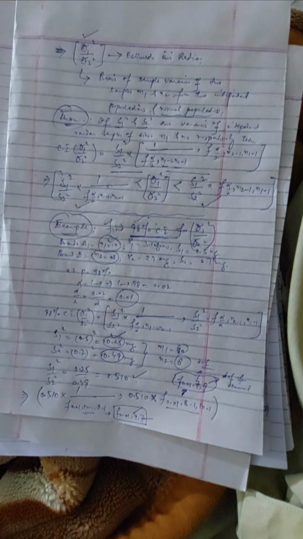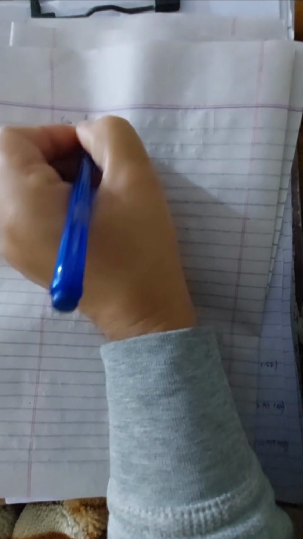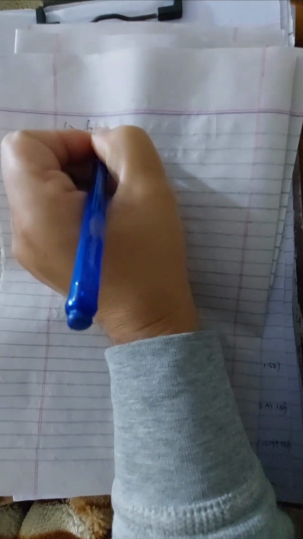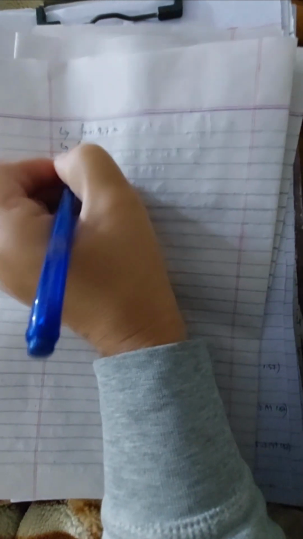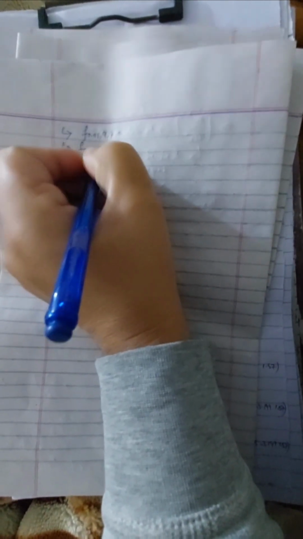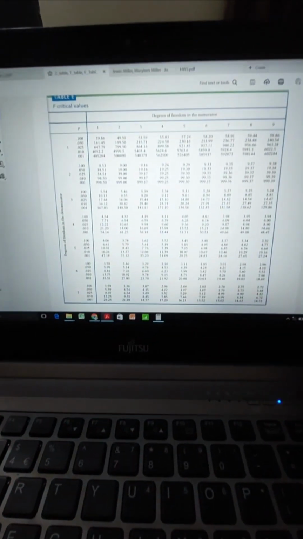So let's move on to the next page and calculate this. We need f of 0.01, 9 and 7, and f of 0.01, 7 and 9. Let's find it out from the f table. This is the f table.